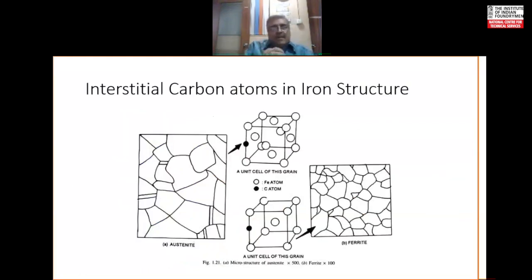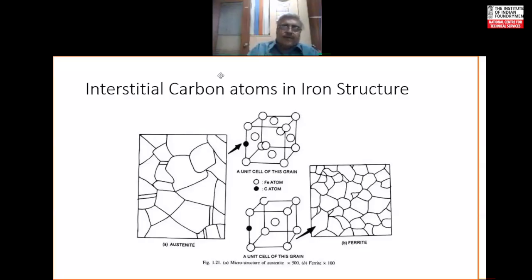The carbon dissolves in the iron structure as an interstitial solution, because at room temperature these are solid solutions.